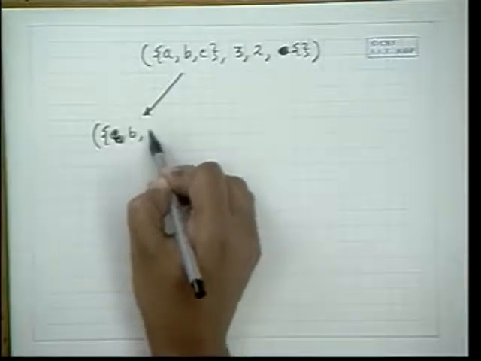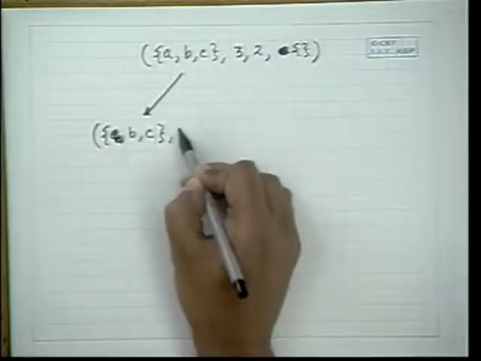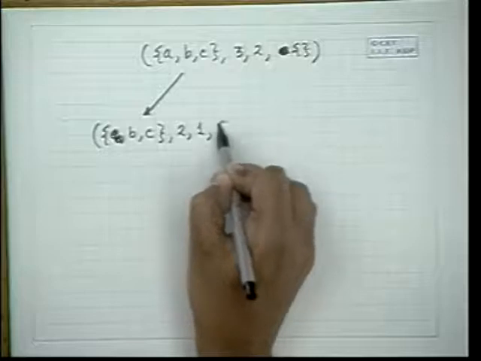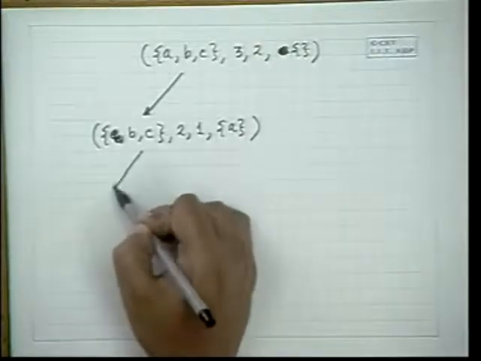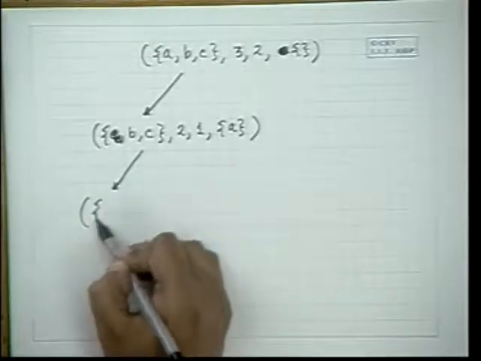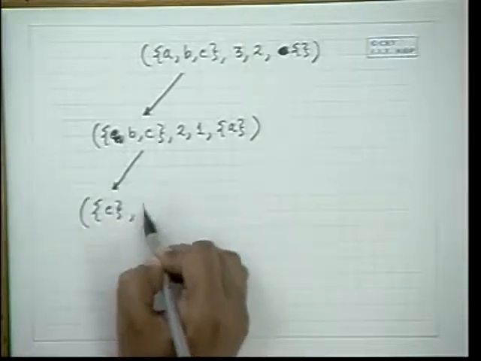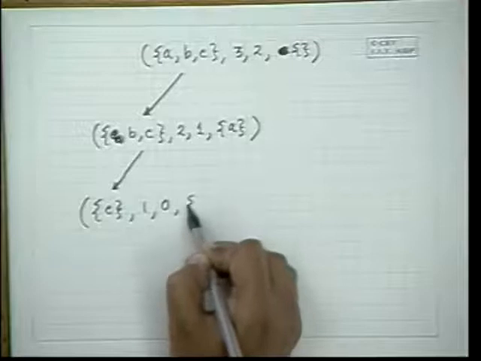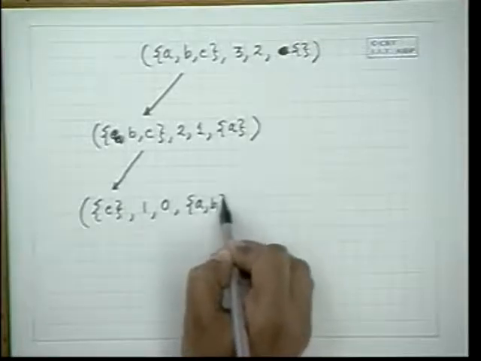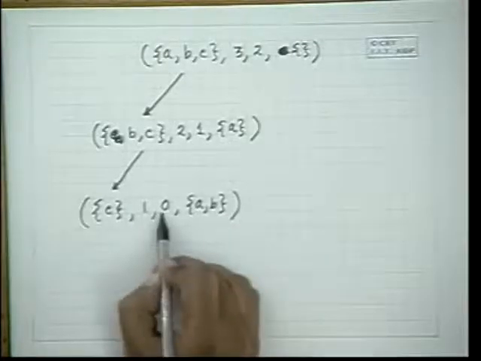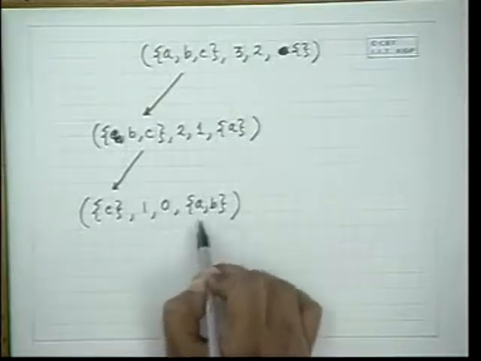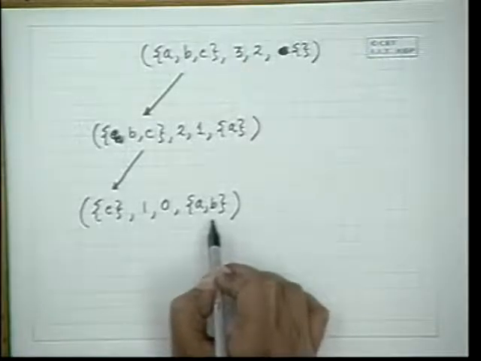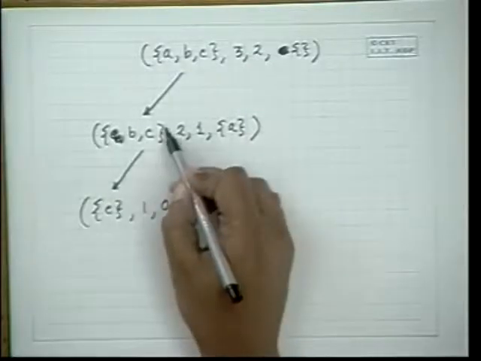This was B, C, 2, 1, A. Here C, 1, 0, A, B. And once this is 0, at this point you just print this. Next time it will come out here, print and return.